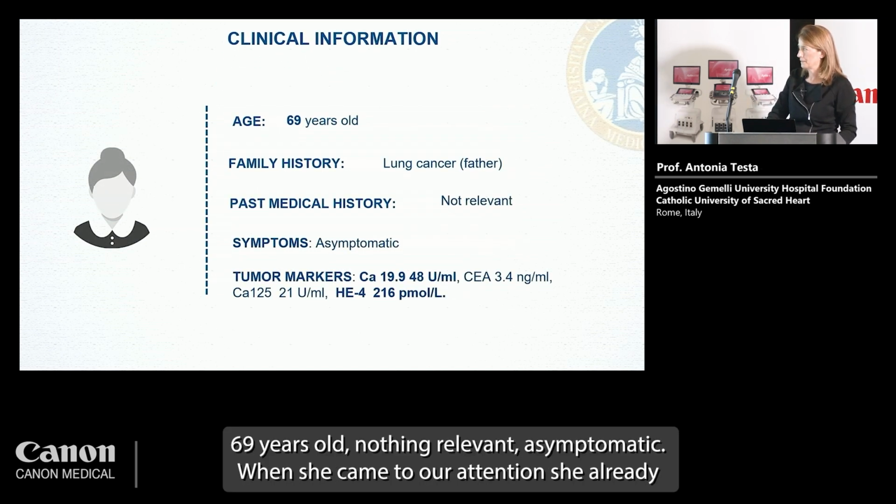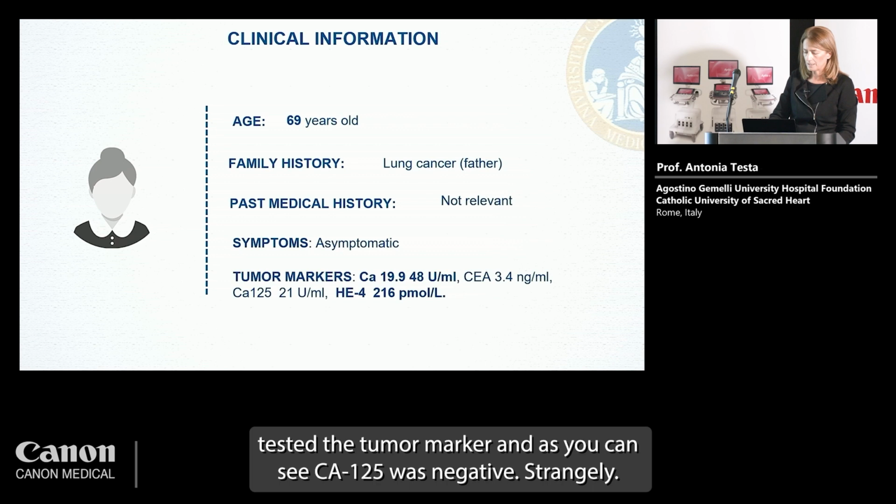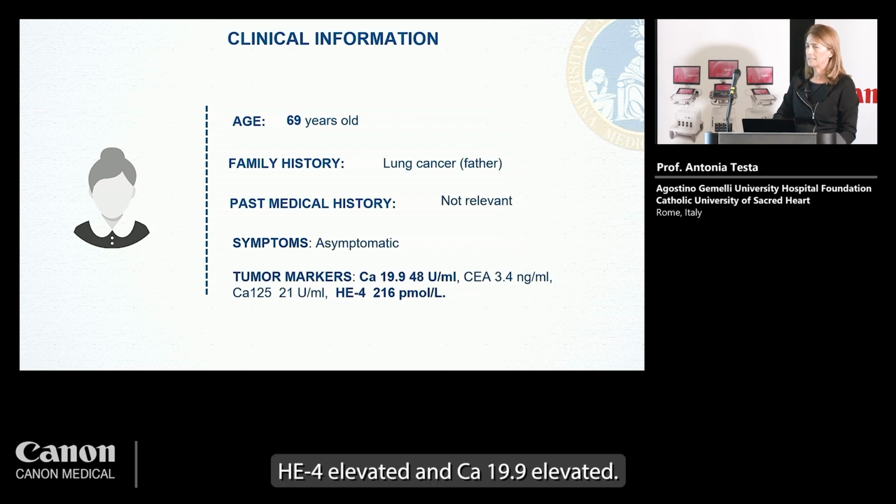69 years old, nothing relevant, asymptomatic. When she came to our attention, she had already tested a tumor marker, and as you can see, CA125 was negative, strangely. HE4 was elevated and CA 19.9 elevated.